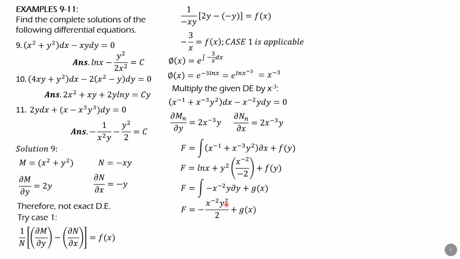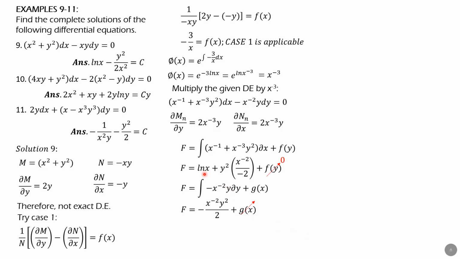They are equal. And therefore, we conclude that g of x is ln x, while f of y is 0. So f of y is 0. g of x is ln of x, which is this. The solution, therefore, is the function f equals a constant, and let's call the constant c.